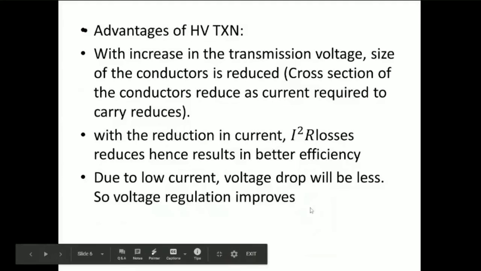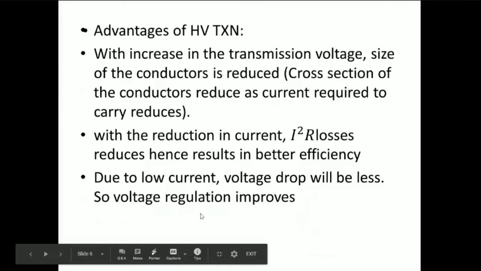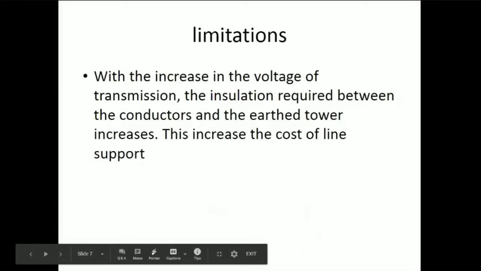Due to low current, voltage drop will be less because voltage drop is given by current into resistance. As the current decreases, the voltage drop will be less. So voltage regulation improves.